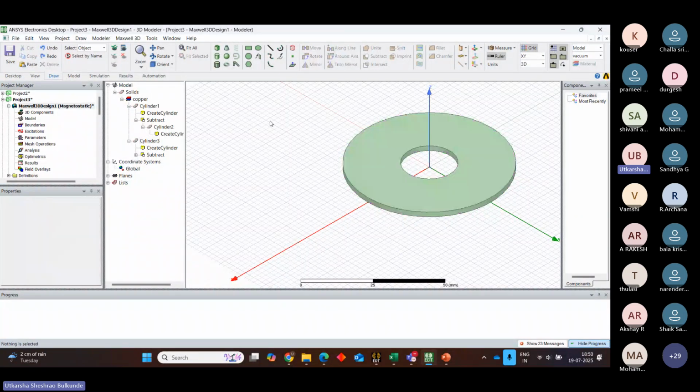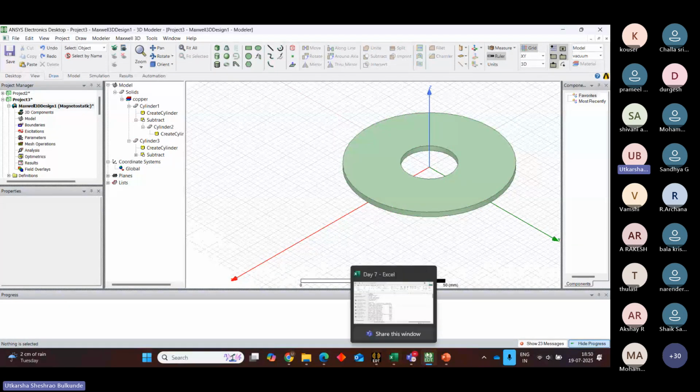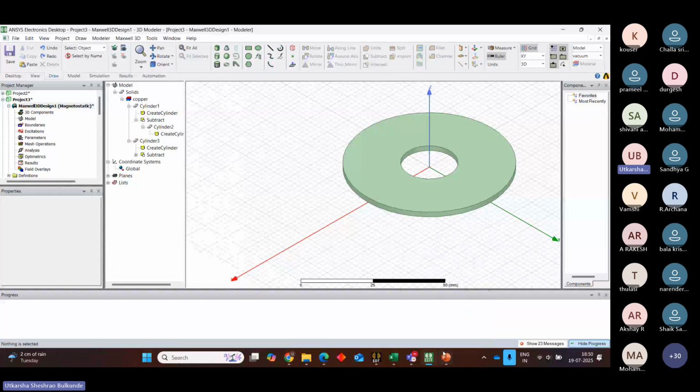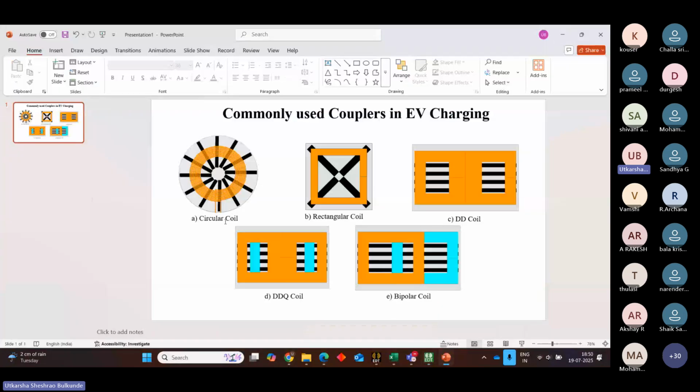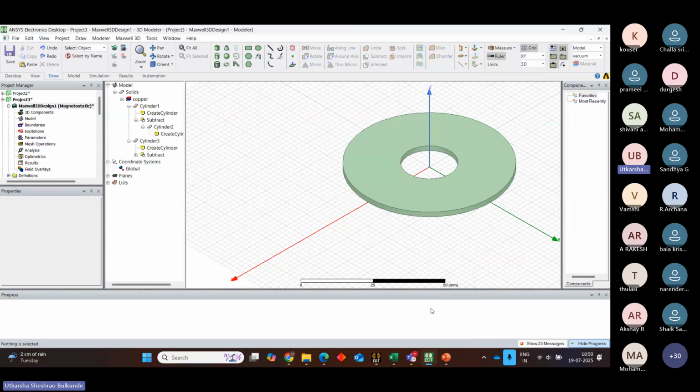So, I told you in EV charging, below this copper coil, we place a ferrite plate, right? So in this case, we will not place ferrite rods, but we will place a solid ferrite plate. You can place rods also. It's fine, I told you that it can be in any form.